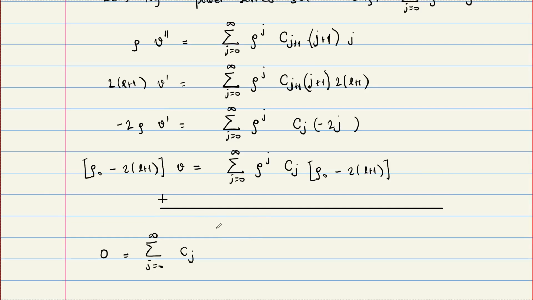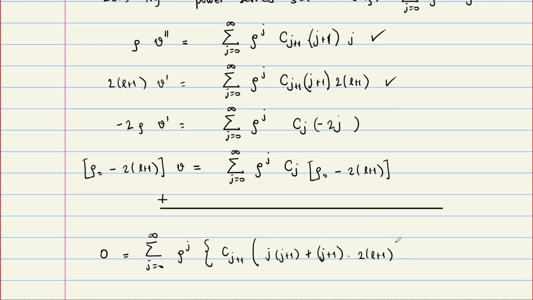So when we collect Cj plus 1 terms, this is rho to the j. And I have here j plus 1. So I got this one. And I have here plus j times j plus 1 times 2l plus 1. I got this term.